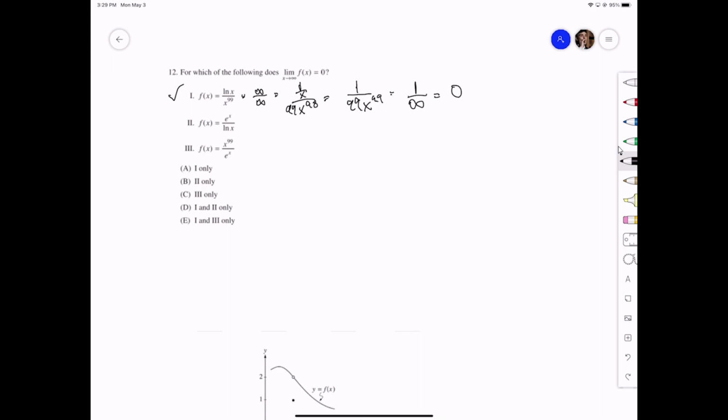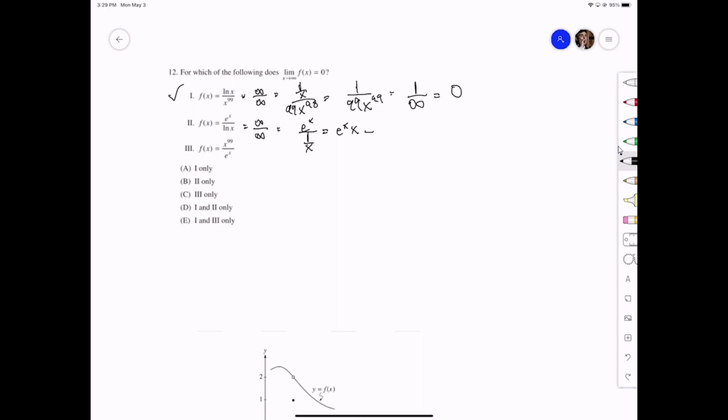So let's try this one. If you plug in infinity, you get infinity over infinity. So that can be e to the x over 1 over x, or e to the x times x. But in order to do L'Hopital's rule again, you have to write it as a fraction.